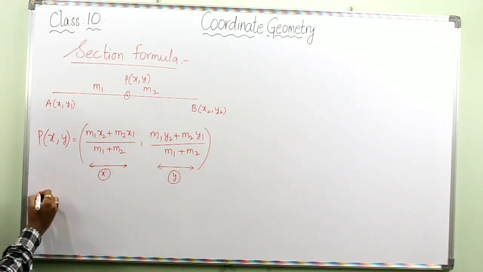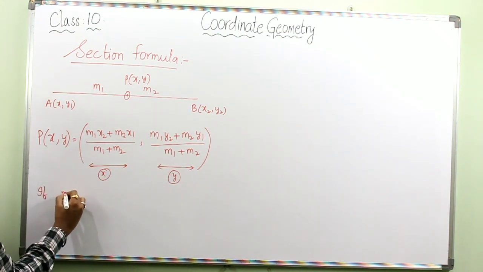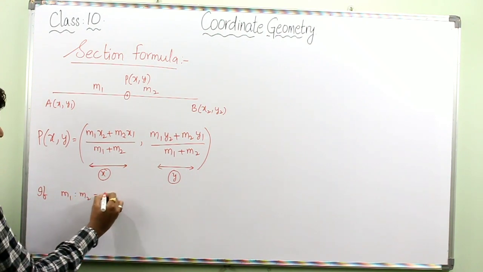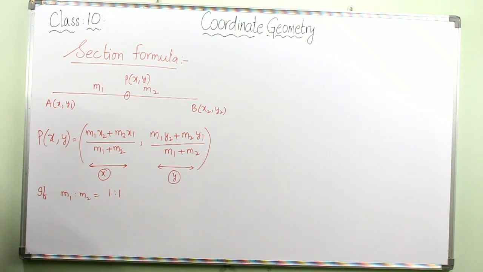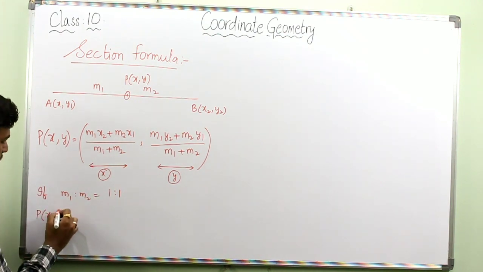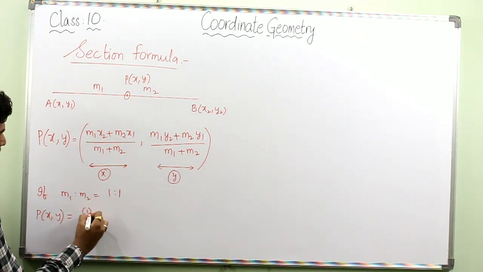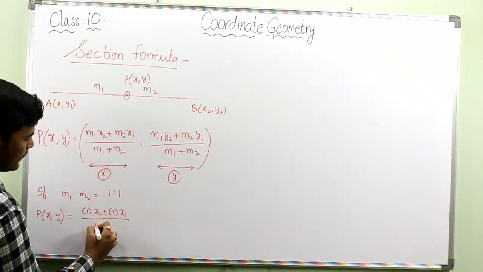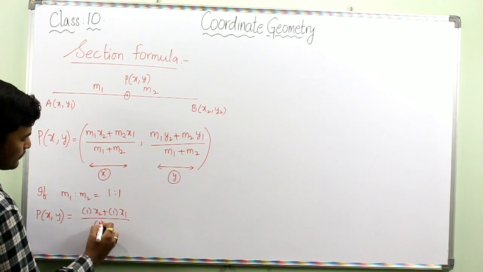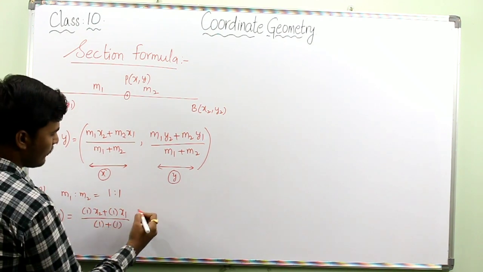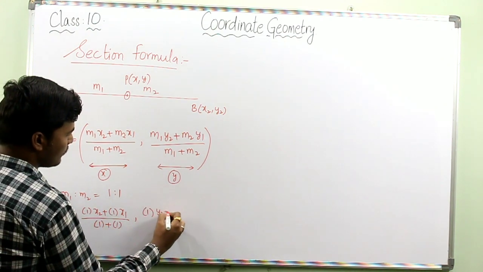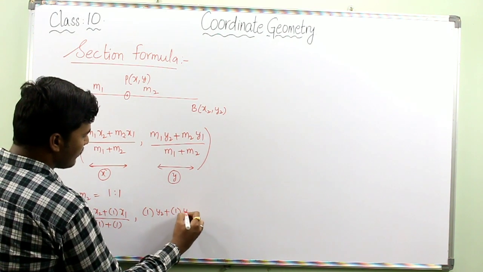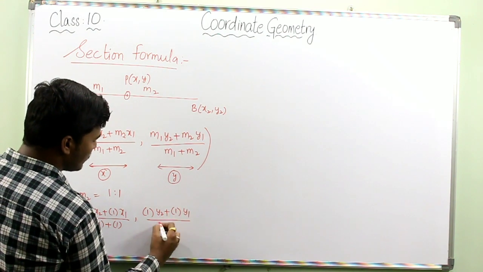For example, if m1 is to m2 is 1 is to 1, let us substitute it: P(x, y) equals 1 into x2 plus 1 into x1 by 1 plus 1, comma, 1 into y2 plus 1 into y1 by 1 plus 1.